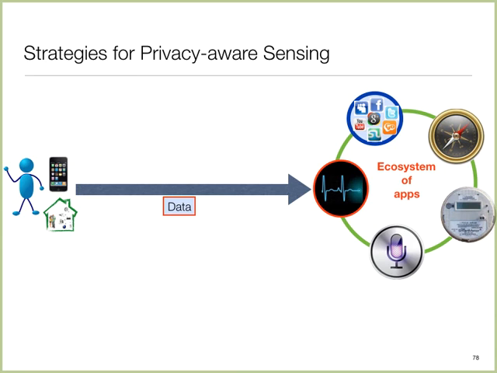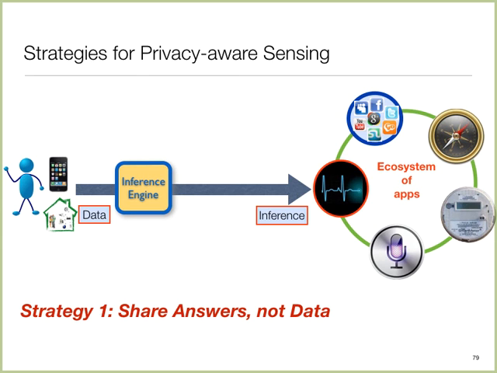We are in this situation where we collect sensor data and share it with this whole wild west of apps which exist. So strategy 1 is share answers, not the data. Philosophically, a safe strategy is to share whatever the end user needs and not the raw data.